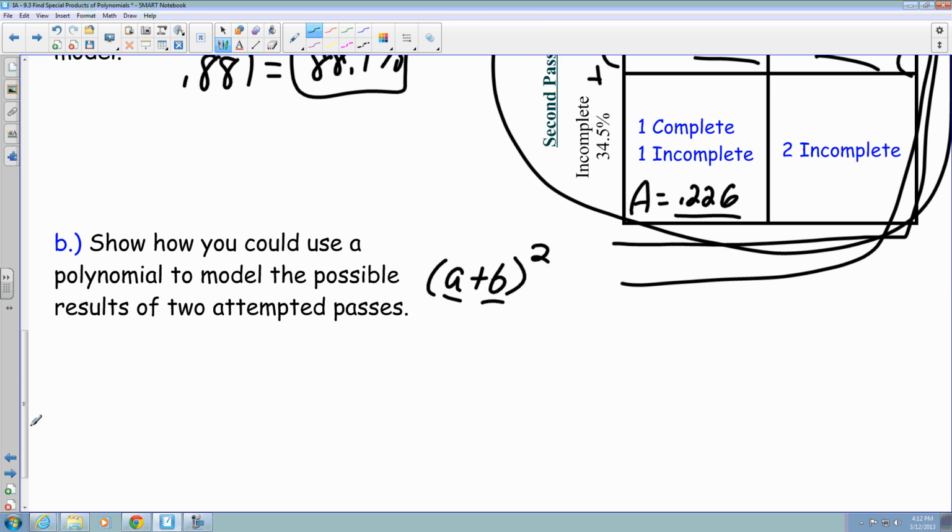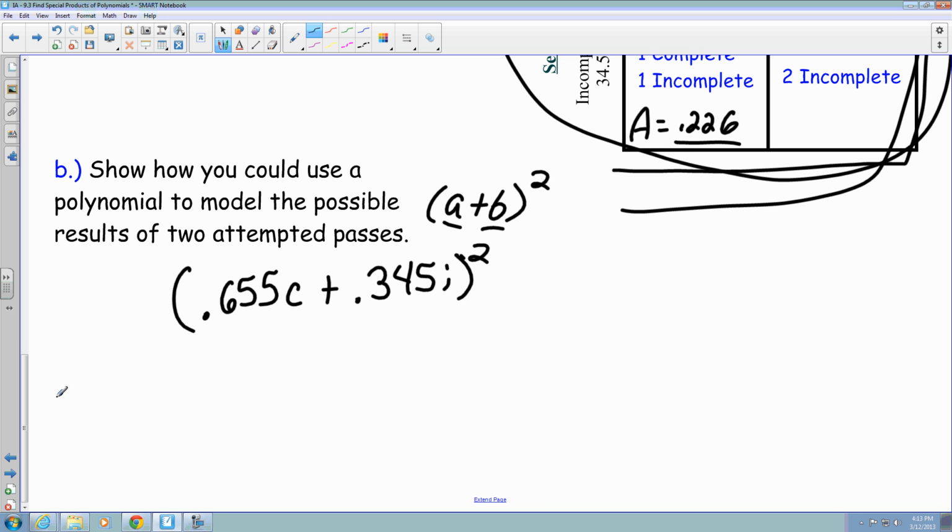So what I can do is rewrite this as completion passes, which in decimal form is 0.655, and I'll represent it as C for completions, plus the rest of it, which will be 0.345I, which I'll represent as incompletions, and that'll be quantity squared. Now we can expand this in order to find our products for this particular expression.